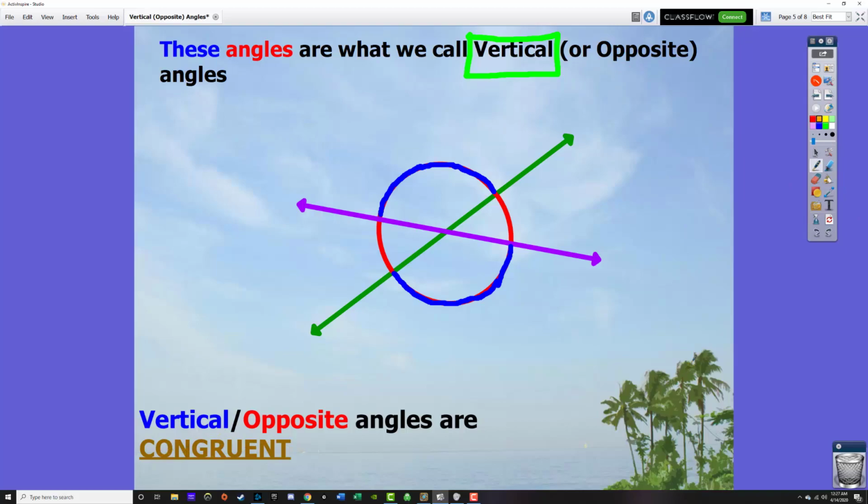Congruent is a fancy way in math of saying that two things are equal. Or you can think of it as saying that 2 or more things are the same.